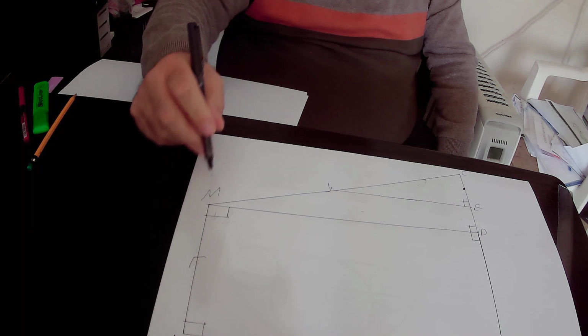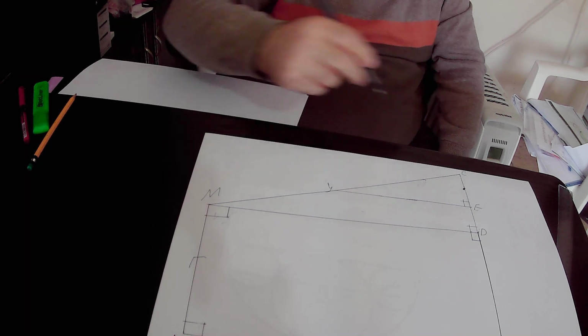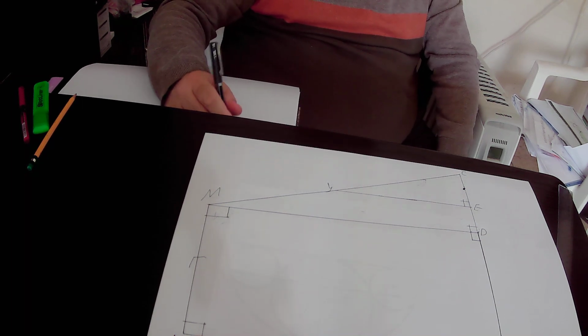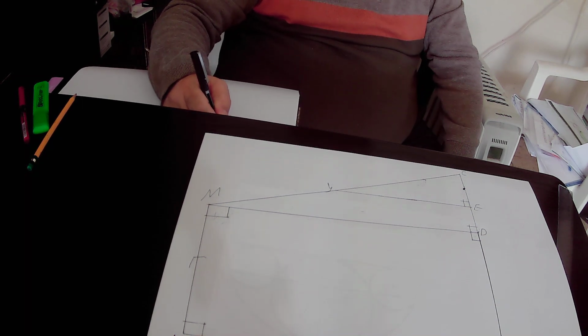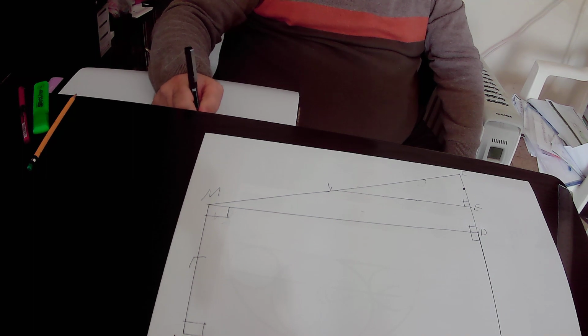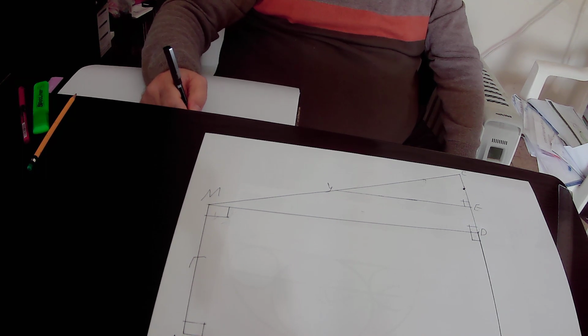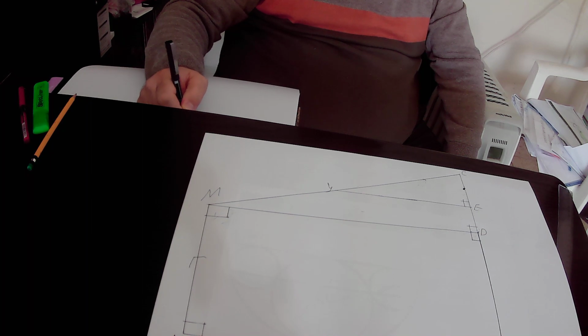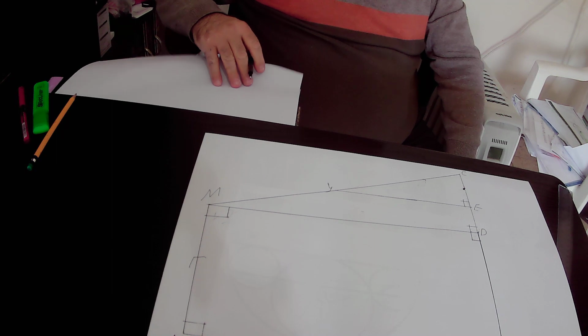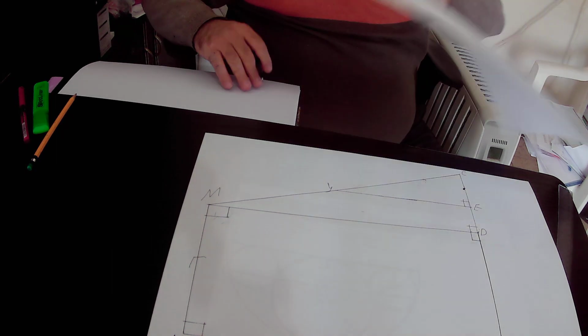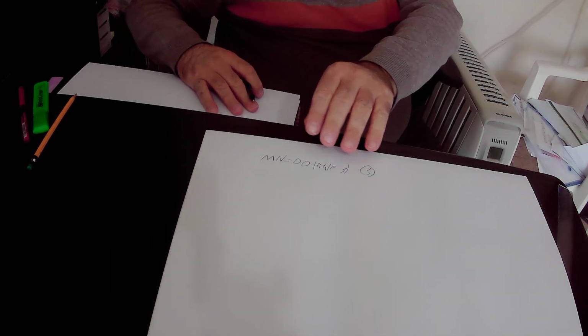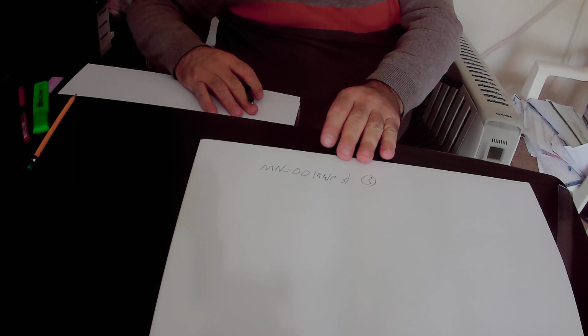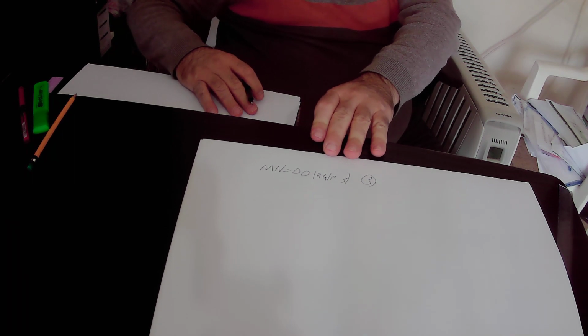That is to say, side MN equals DO, according to rule number 3, that the opposite sides of a rectangle are equal to each other.